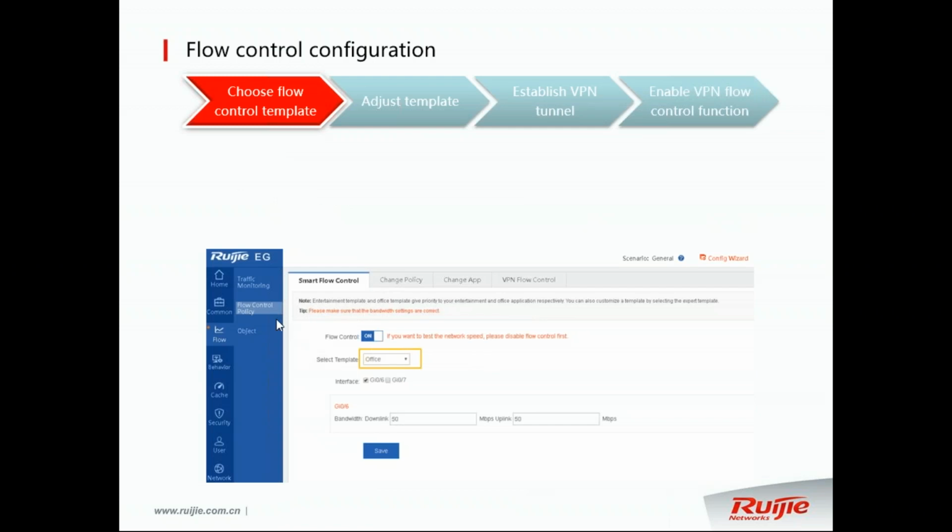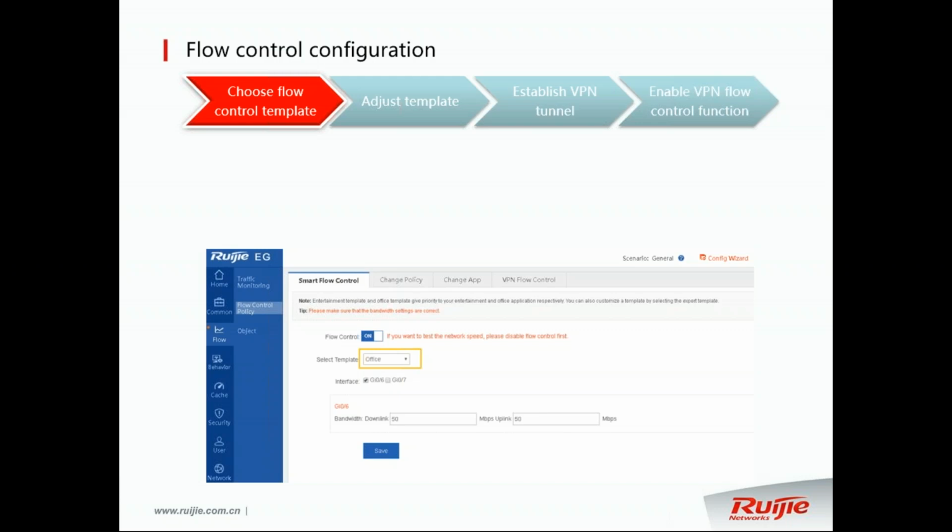What is the application? When you click enable the flow control, the smart flow control, they have some default templates. You see, the different templates put different services in the key channels. They have different rules, so you need to test it. In this example, we chose the customer example that has email, OA, and conference.